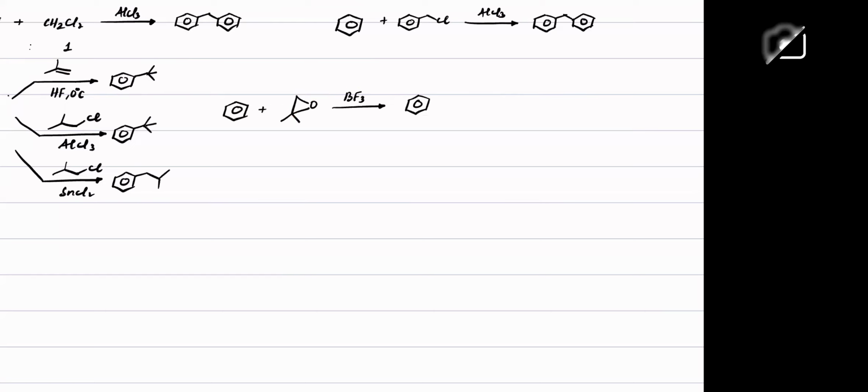So you will have O with BF3 minus, and internally this will take away H plus from here, and that's how it will retain the aromaticity. So the final product will be like this, OH. Done?